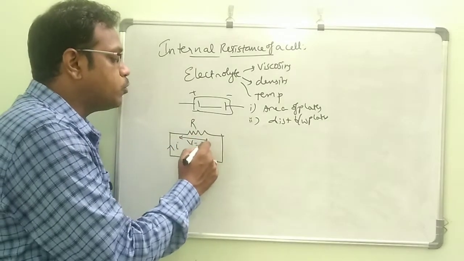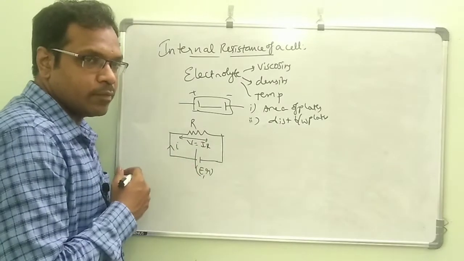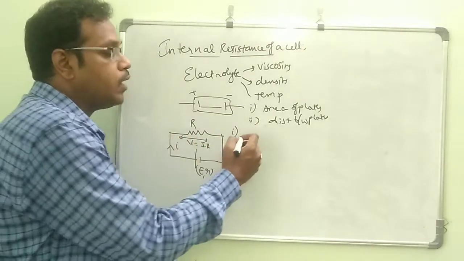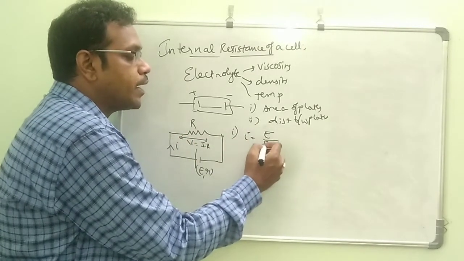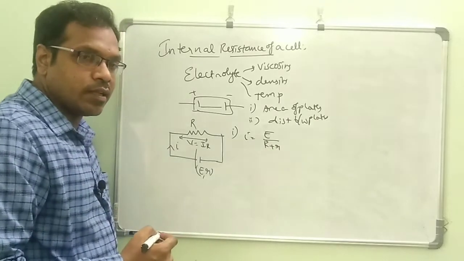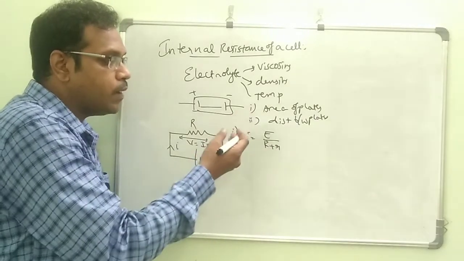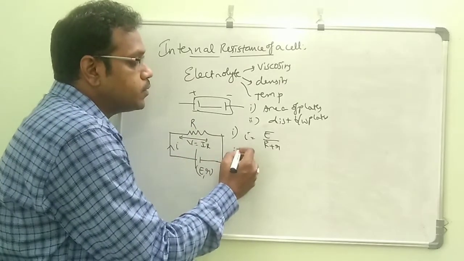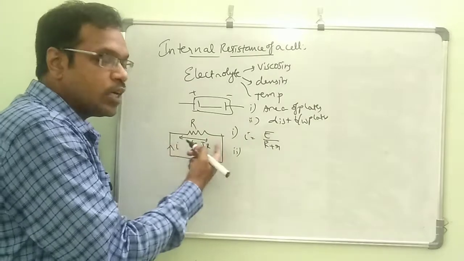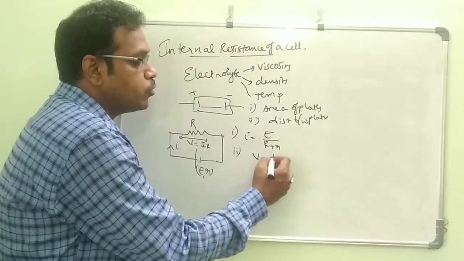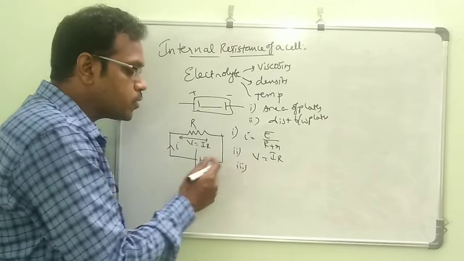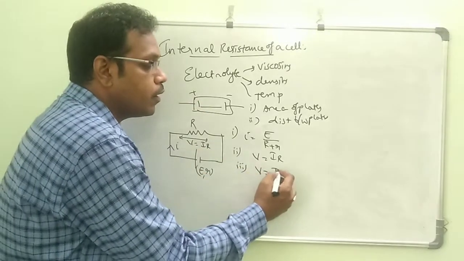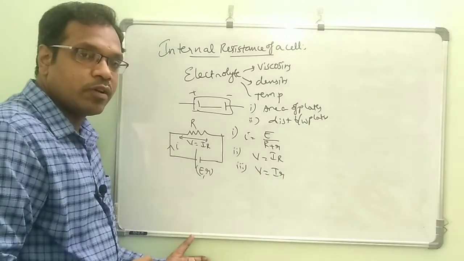The total current I is equal to E by the external resistance plus the internal resistance, so I is equal to E by R plus r. Now, how much potential is developed in the resistor? V is equal to IR. How much potential is developed inside the cell? V is equal to Ir.